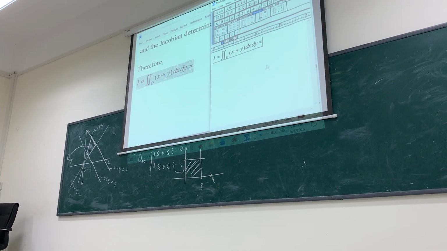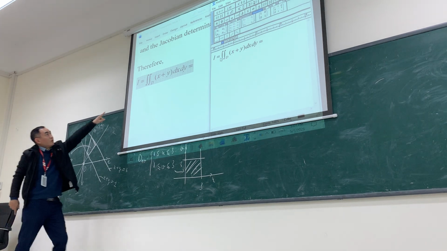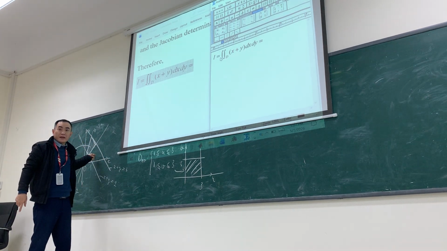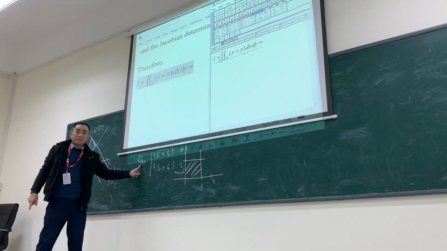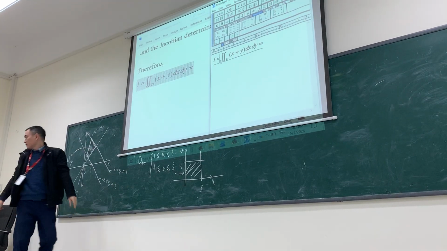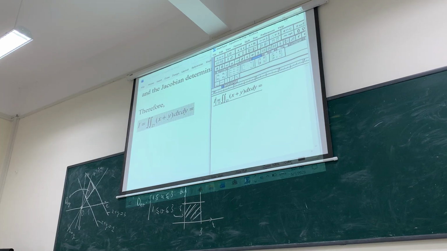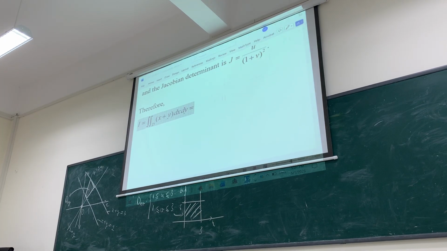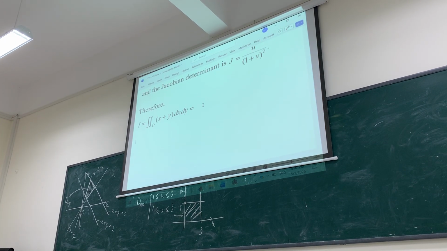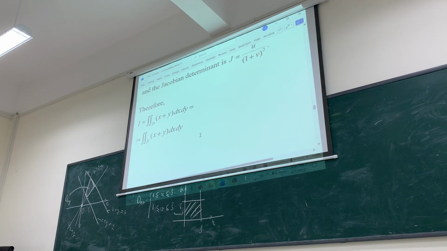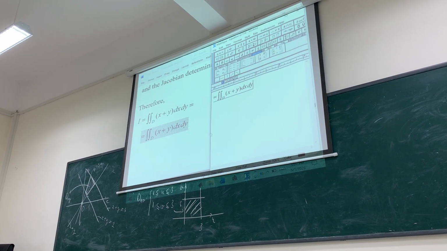We need to change D present by 2 and 1. We can change to D present by 2 UV, which is equal to D_UV.